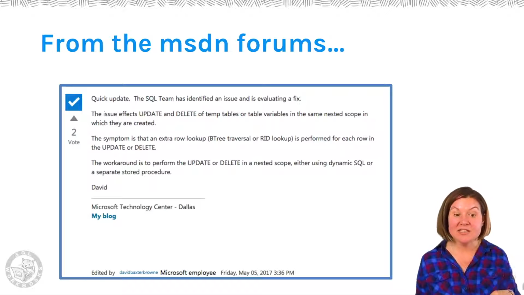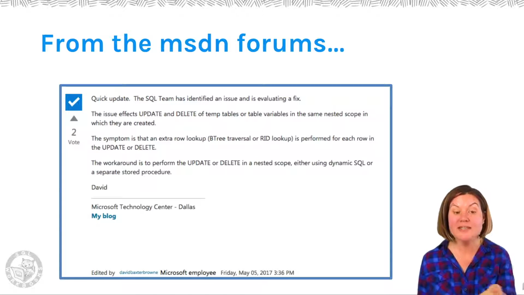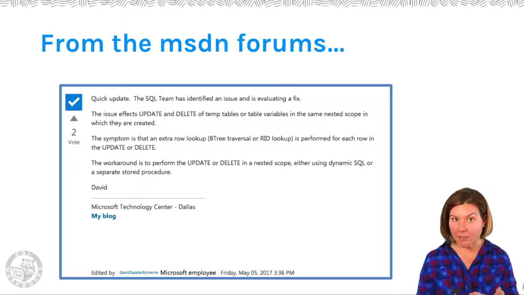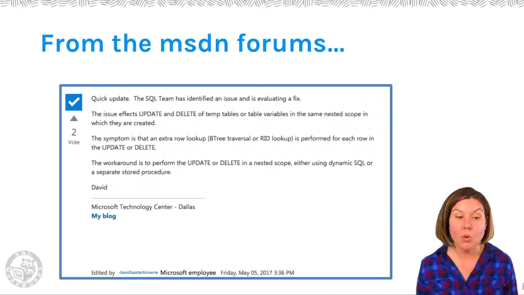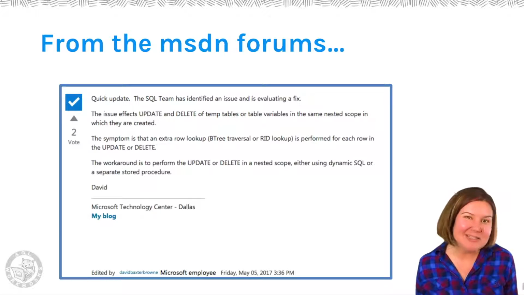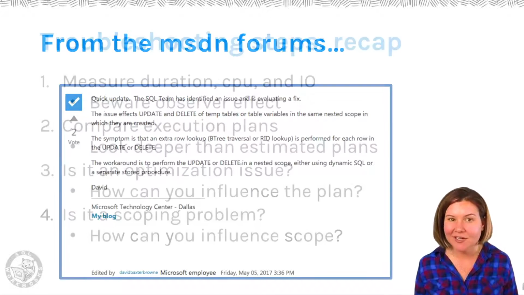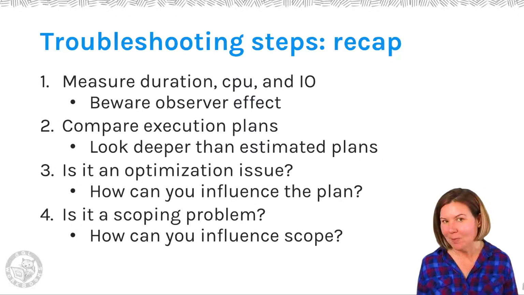They point out in this that the workaround they recommend, just based on what they saw, was the dynamic SQL or a separate stored procedure. They found that using sub-stored procedures and changing the scope that way would also work. I personally tend to think dynamic SQL is a little easier to manage, but depending on how things work at your business, you could use either one if you ran into this problem.